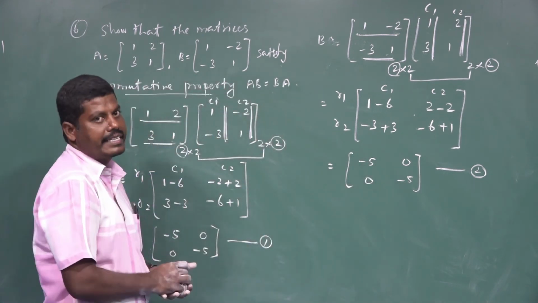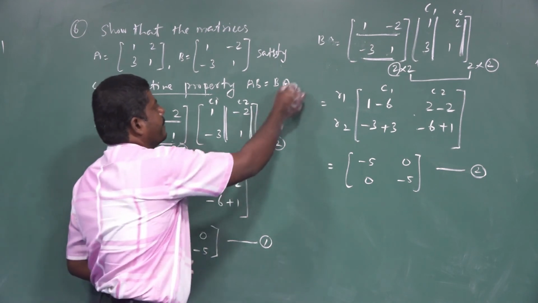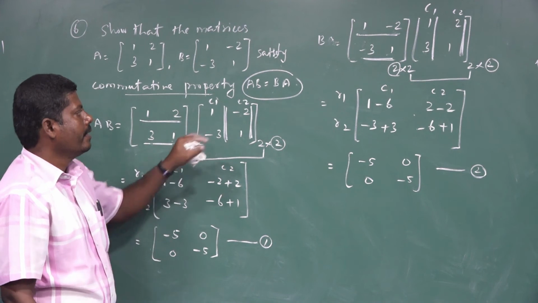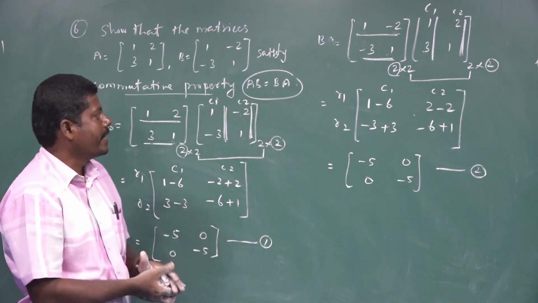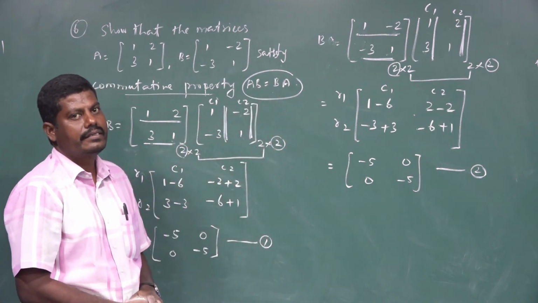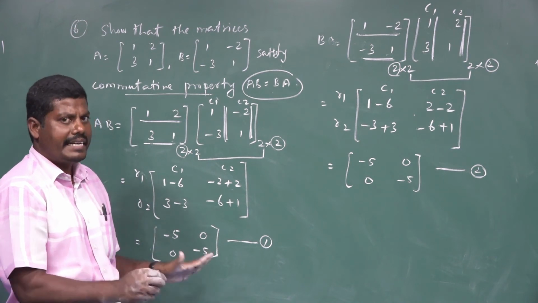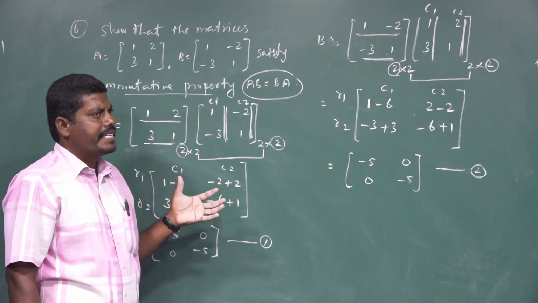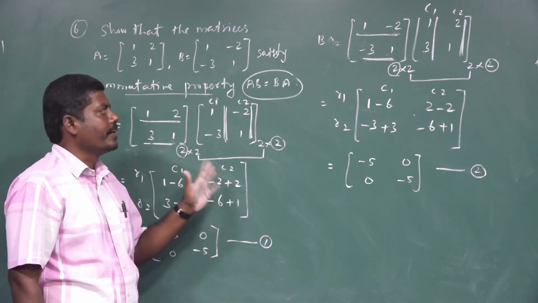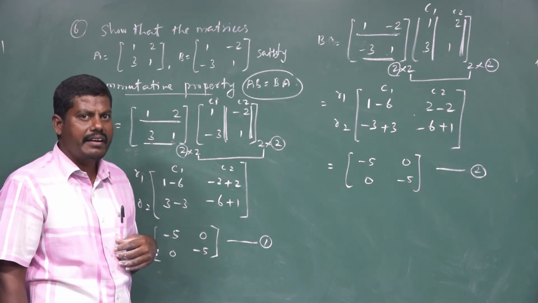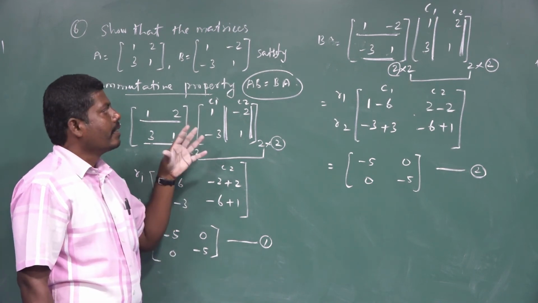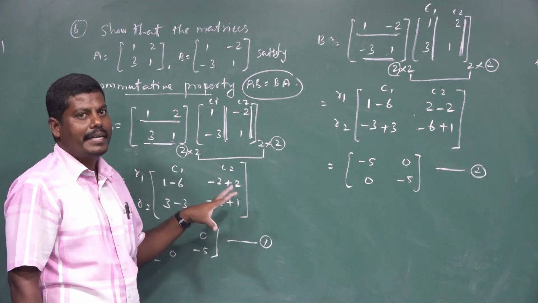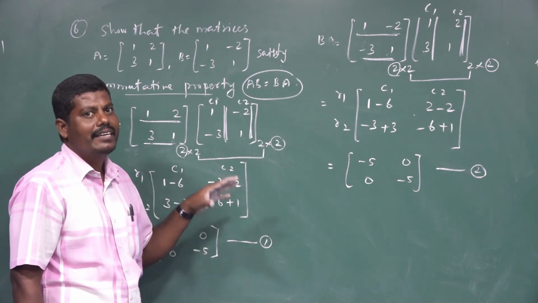Both are equal. Understand? In this question, AB equal to BA. Commutative property is satisfied. Understand? But in general, matrix multiplication does not satisfy the commutative property. In this question only it satisfies the commutative property.